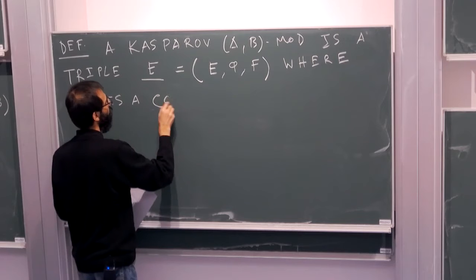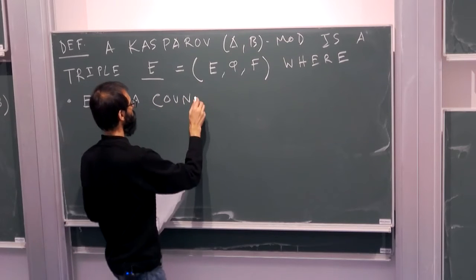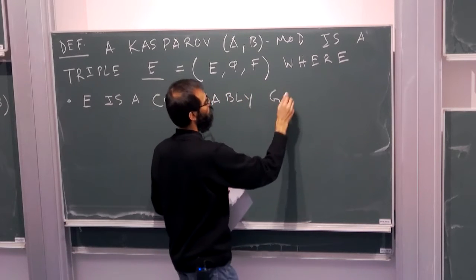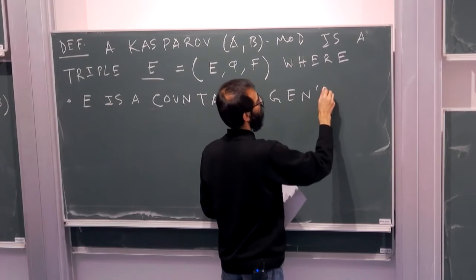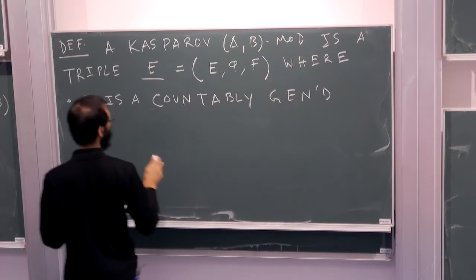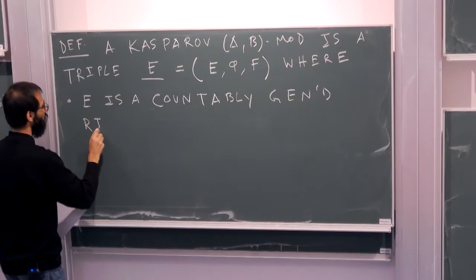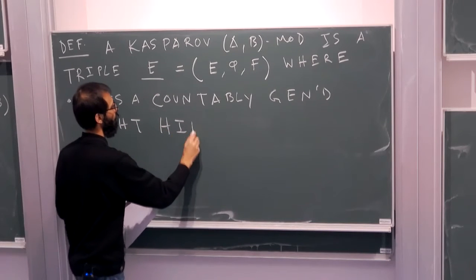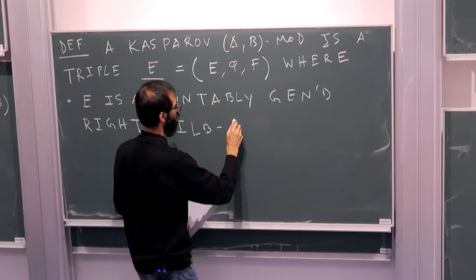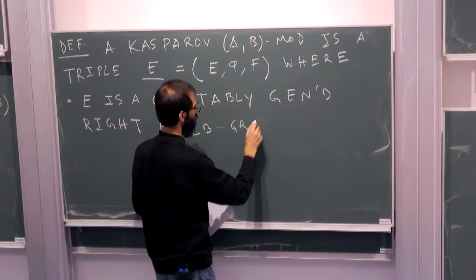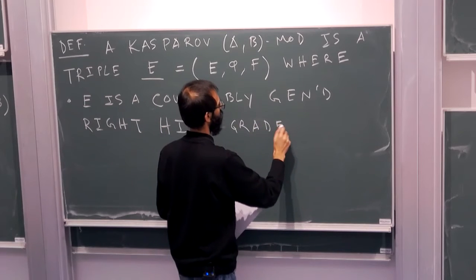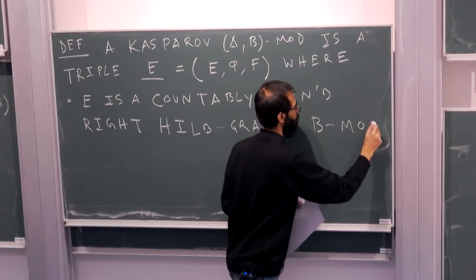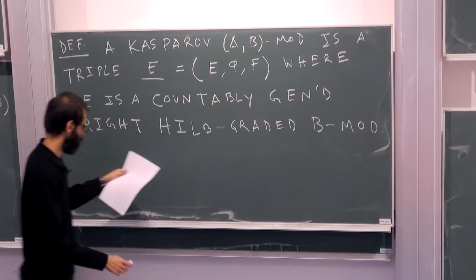E is a countably generated right Hilbert graded B module.